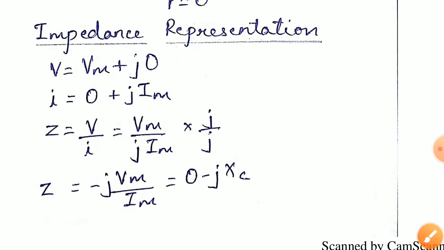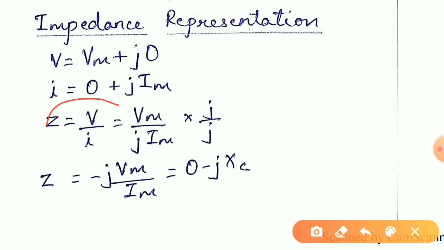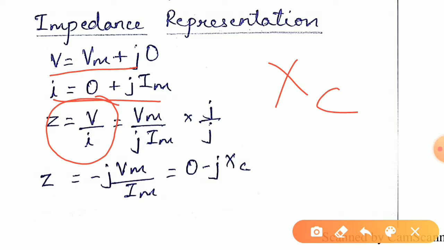Impedance representation for the circuit is shown here, where Z is equal to V by I, V is equal to Vm plus j0, and I is 0 plus jIm because of the presence of XC. When we substitute these voltage and current equations in Z, we get Vm upon j into Im.